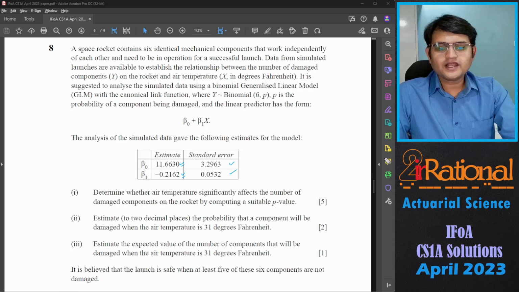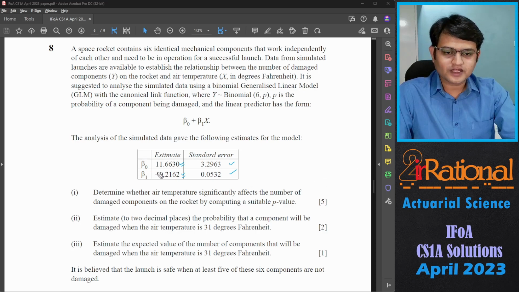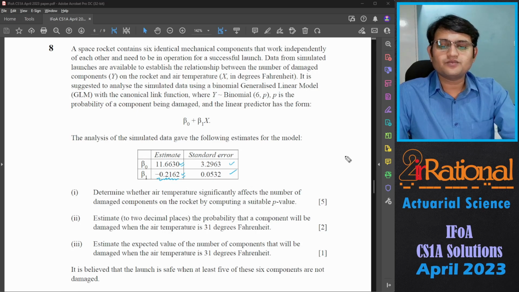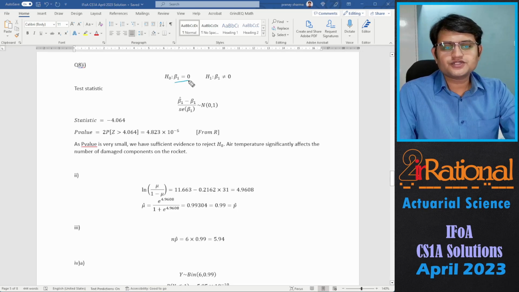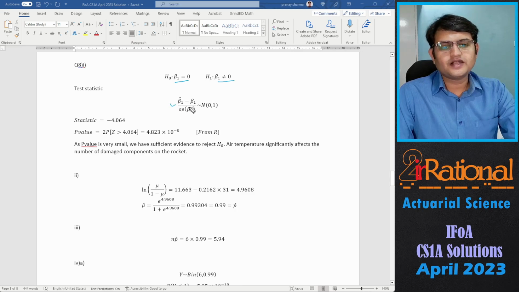Determine whether air temperature significantly affects the number of the damaged components on the rocket by computing a suitable p-value. So for that we have to figure out whether beta 1 is significantly different from 0. So our hypothesis, beta 1 is equal to 0 versus beta 1 not equal to 0. Test statistic, we'll take beta hat 1 minus beta 1 upon the standard error, which follows a standard normal distribution.